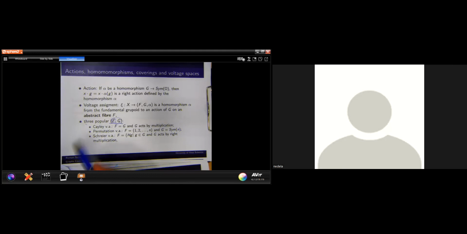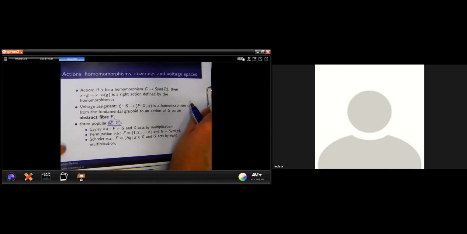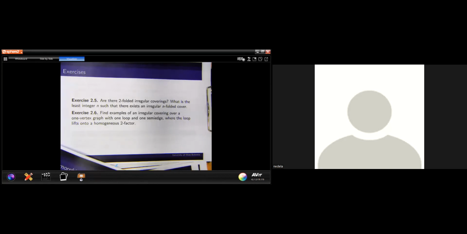So these are the three most popular, but in principle you can take any such pair: any abstract fiber and any action of G on F. And what is important is that we can always define a derived graph.